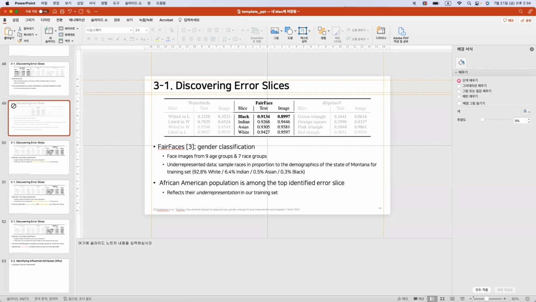This FairFace data set is actually for gender classification, and the attribute can be the color. Okay, the training data does not include any metadata or information of the color, right?